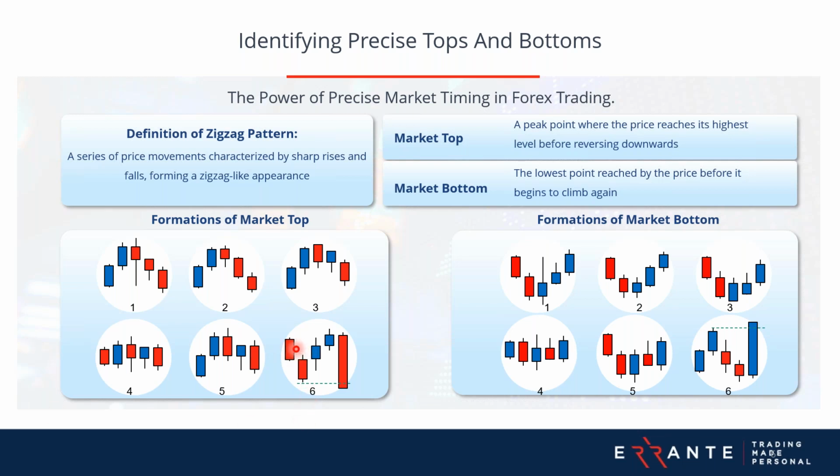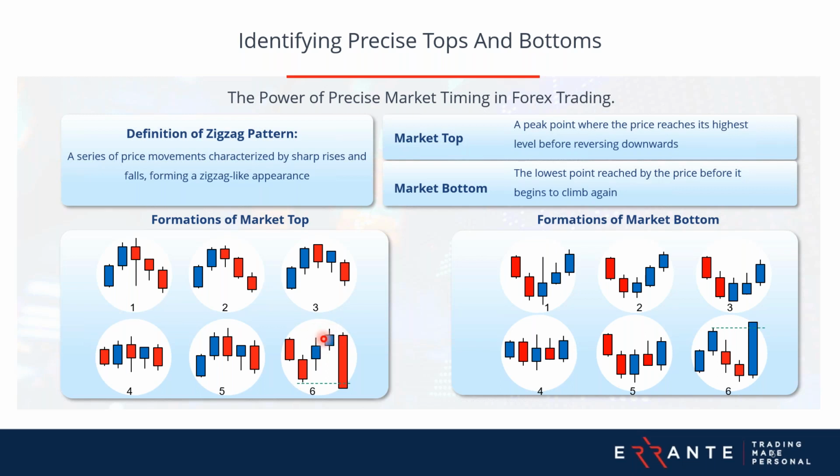And the last formation displays a high peak followed by a small bullish candlestick, followed by a strong bearish candlestick, which closes below the last bottom of the market. In that case, we don't need to wait for two candlesticks afterwards.